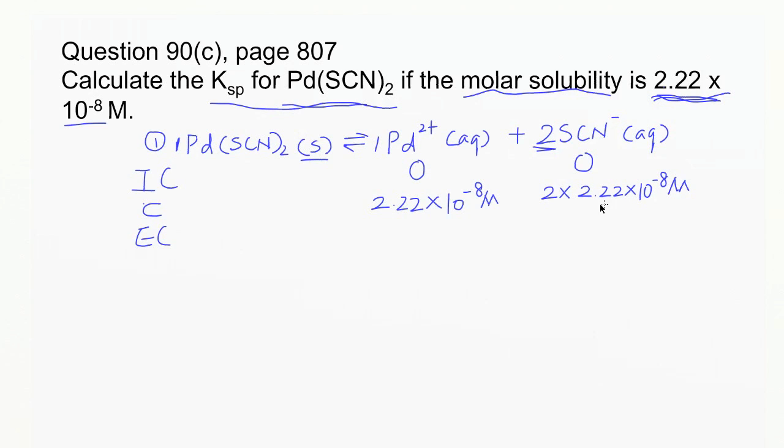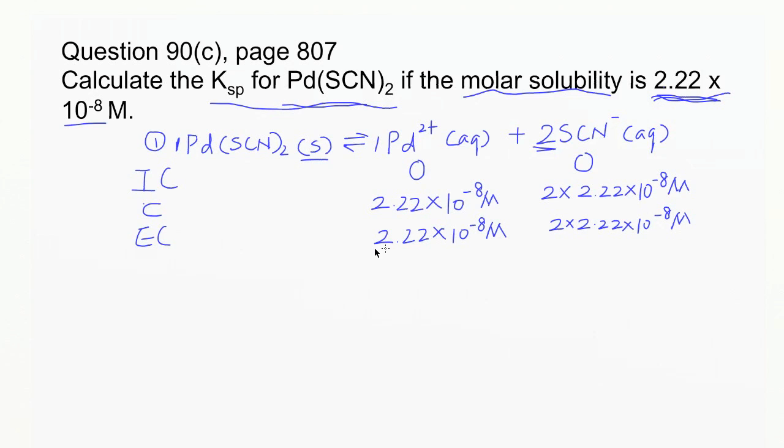Alright, this is the change for thiocyanate. Alright, now for equilibrium concentration, lead 2.22 times 10 to the negative 8. For thiocyanate, equilibrium concentration would be 2 times 2.22 times 10 to the negative 8 mole per liter.